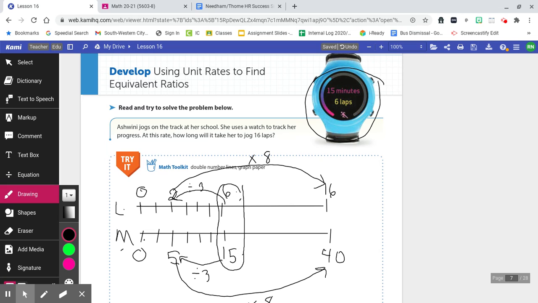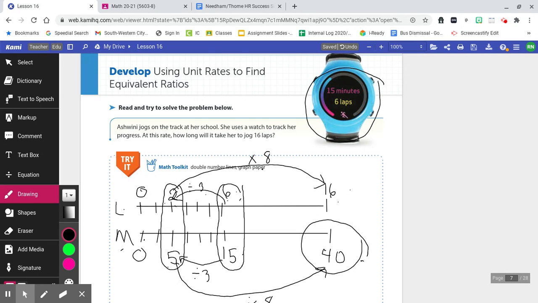If I divided both of these by the greatest common factor, I'm going to divide by 3, and I got a rate of 2 to 5. Now that 2 can go into 16. So 2 times 8 gives me 16. 5 times 8 gives me 40. You should have gotten it takes 40 minutes to go 16 laps.